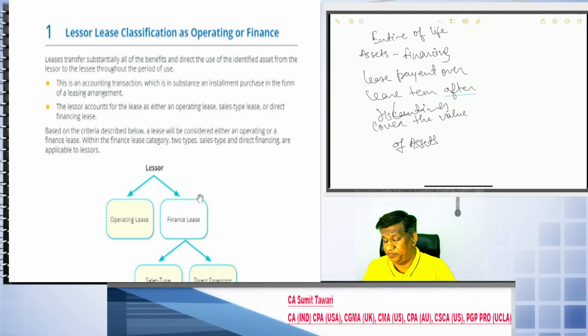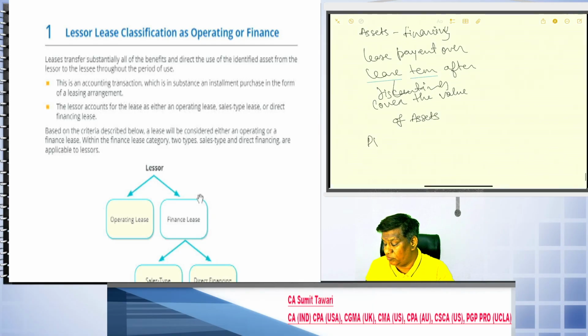Say I purchased equipment for 5 lakh and I'm giving it on lease to someone for 10 years. Whatever lease rental he is paying, if I discount with a 10% discount rate, still the present value of all lease payments is greater than the value or cost of the asset.